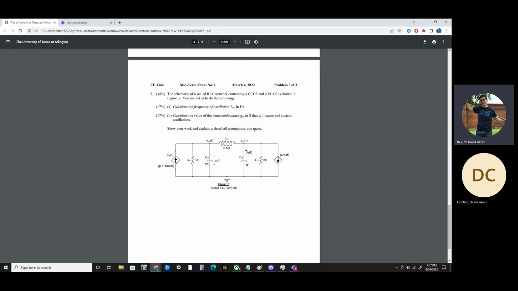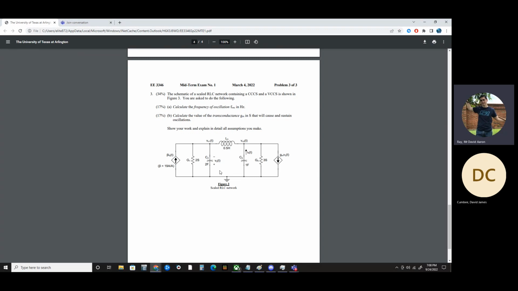And then lastly, there is a problem to calculate the frequency of oscillation and the transconductance GM. Generally, it's the same process of figuring out whether to do MAME or name, but since there's no terminal A or B, it's just taking the determinant of whatever final matrix you have, and separating it into the imaginary part and the real part of that determinant, and saying both equal 0.